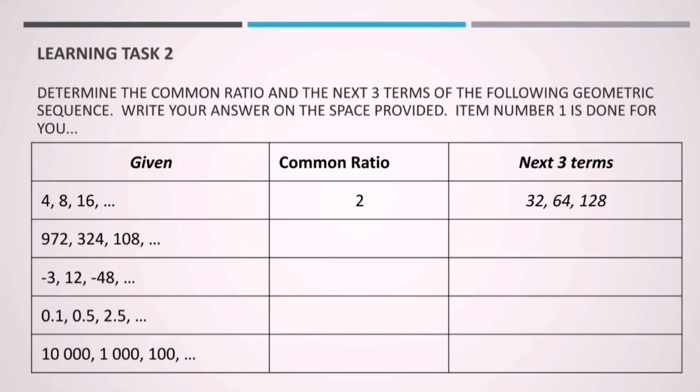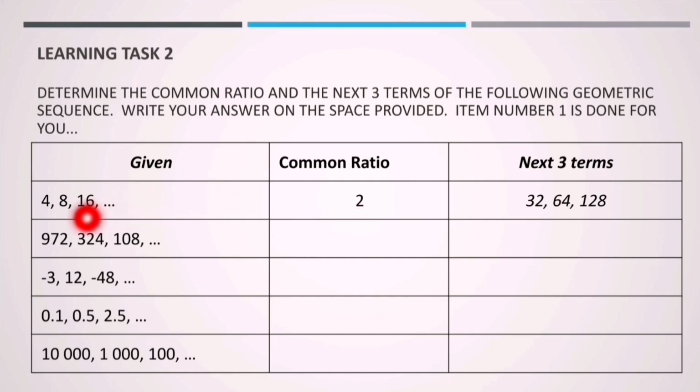Let's have this activity in your learning task 2. Determine the common ratio and the next 3 terms of the following geometric sequence. Okay, so the first row, the given is 4, 8, and 16. How does it become 2? So to get the common ratio, remember this.